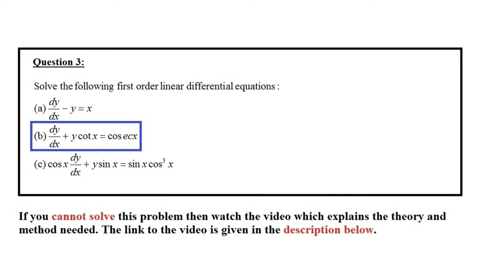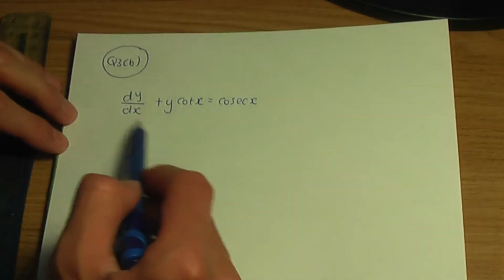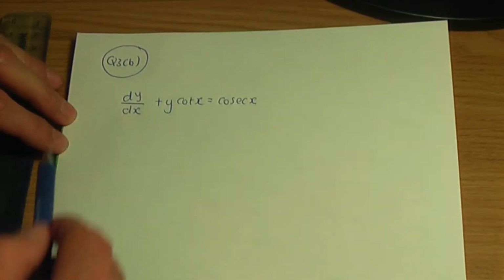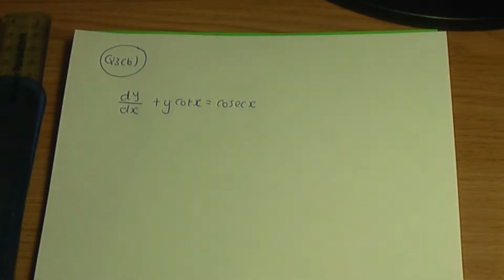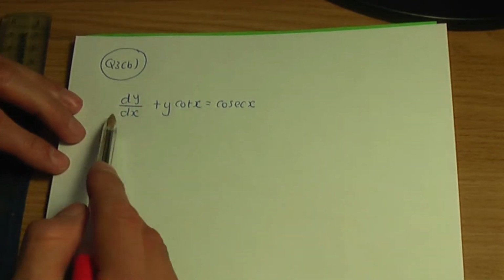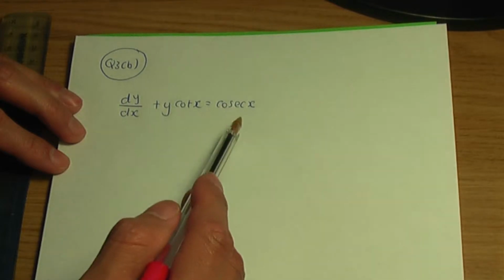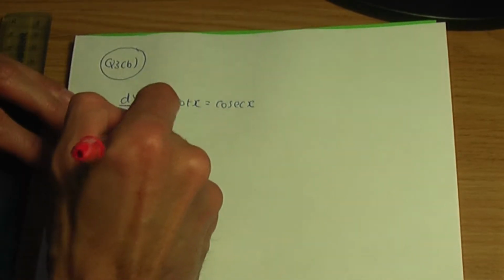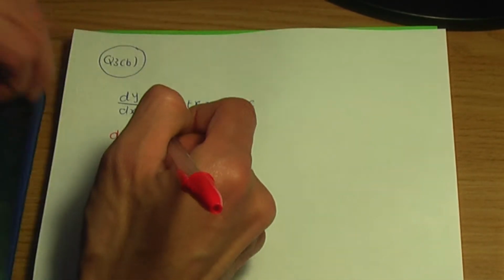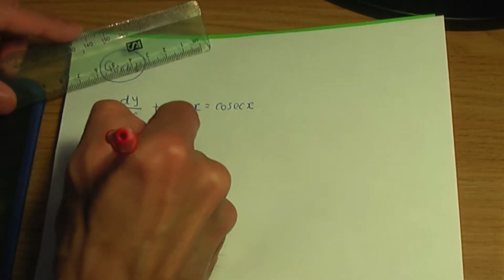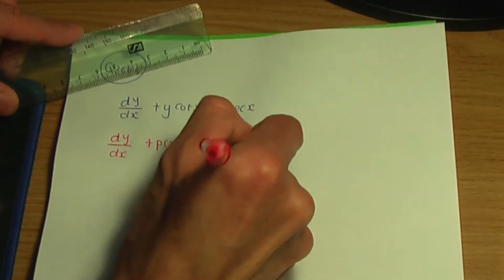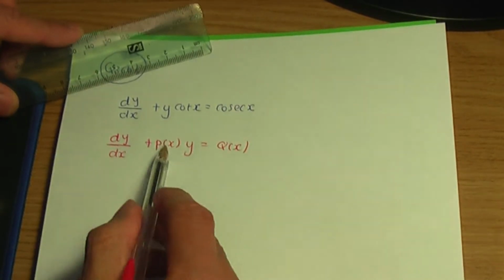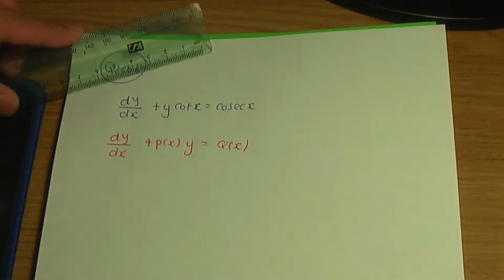Let's get back to the paper and pen. Now, first of all, the question did say that it's a first order linear differential equation. If you're unaware of what a first order linear differential equation looks like, it's any equation of the type dy over dx plus p(x) times y is equal to q(x), and p(x) and q(x) are both functions involving x only.